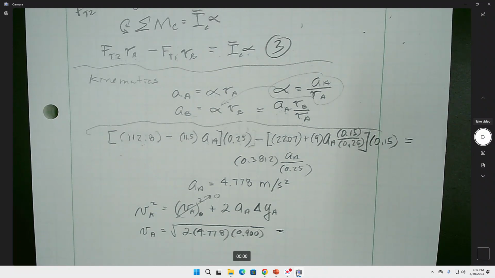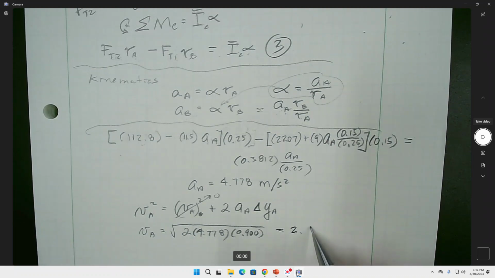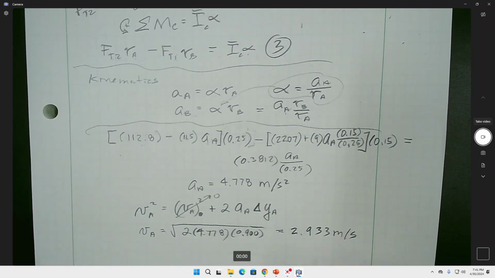So anyway, I don't know why I just deleted that. So 2 times 4.778 times 0.9, good luck, square root, 2.933. Oof. That's the answer.